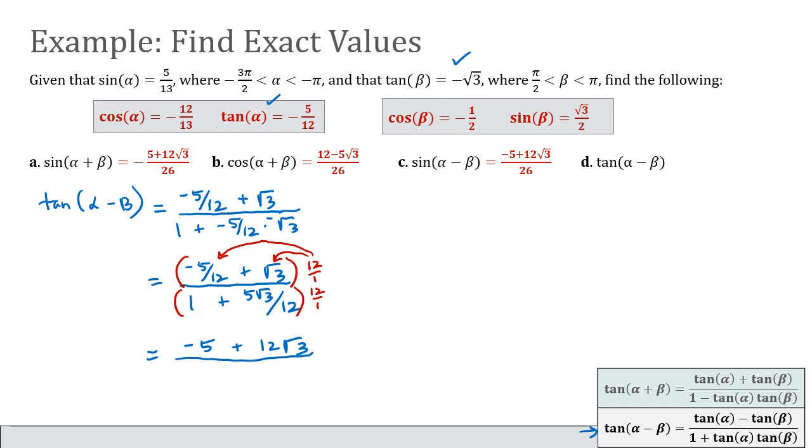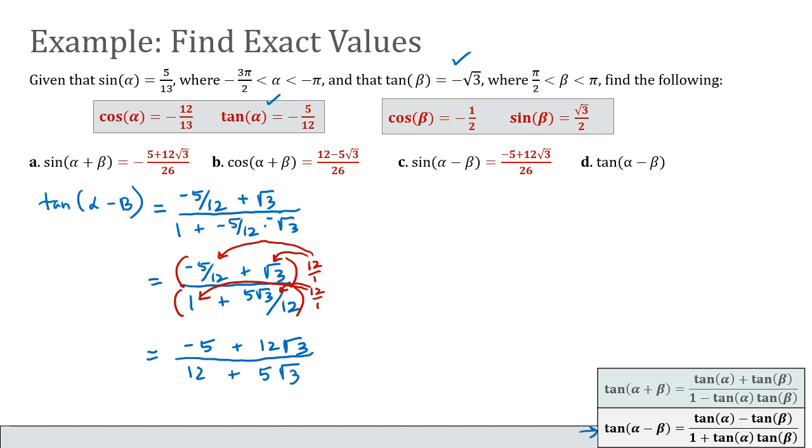In the denominator, what happens? When I multiply 12 times 1 and then 12 times this second term, I get 12 plus, now the 12s cancel out, numerator, denominator, so I'm left with 5 times the square root of 3. And that looks great. Sometimes people will have you stop there, but there is a radical in the denominator.